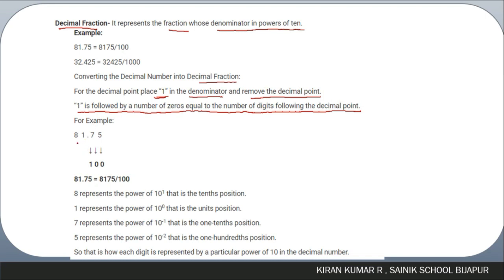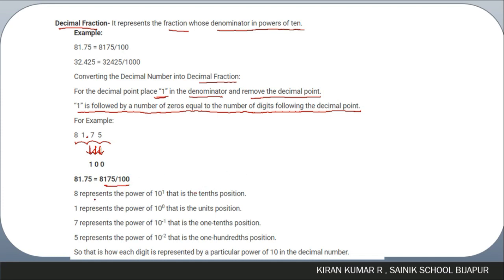Here in 81.75, there are totally 2 digits after the decimal point. So the decimal is replaced with 1 followed by 2 zeros. So it is written as 8175 upon 100.